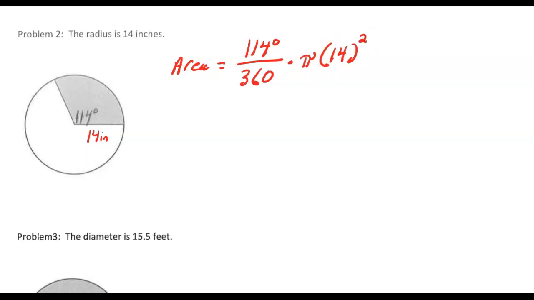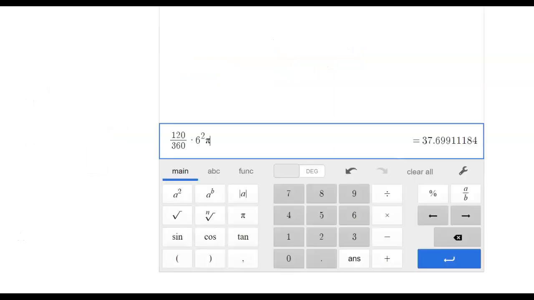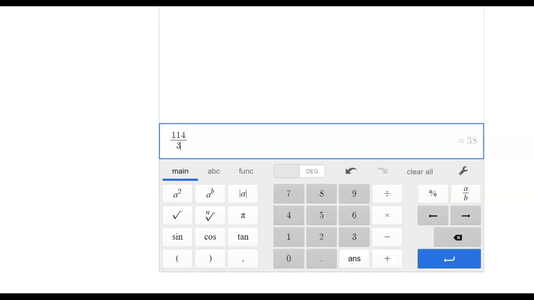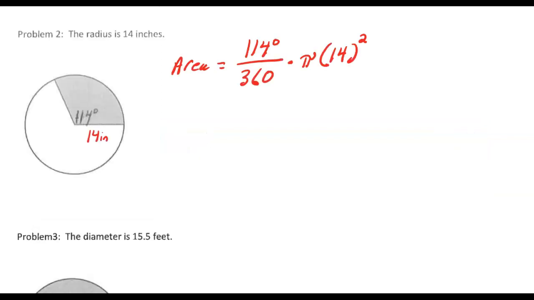So I'm going to go to my calculator and I'm going to say 114 divided by 360 times 14 squared. Notice it has a decimal, so I'm going to press the fraction button. So on the SAT, you will see 931 over 15 pi, and the units would be inches squared.